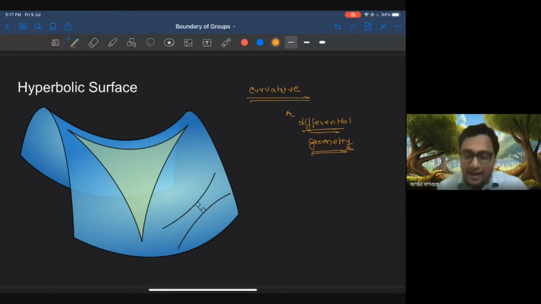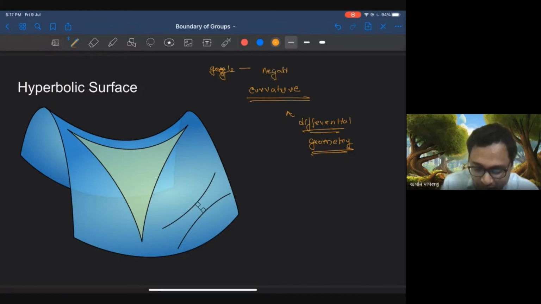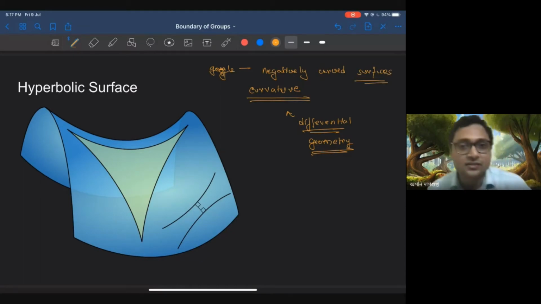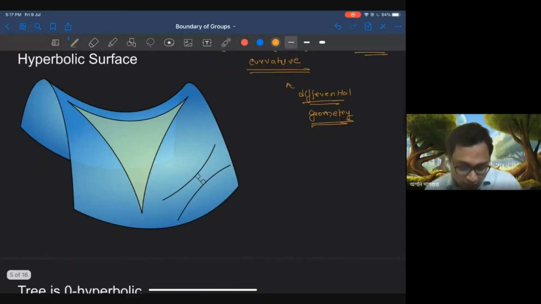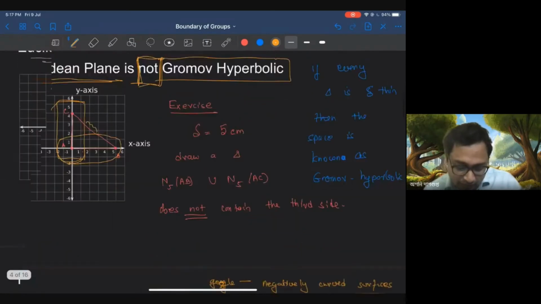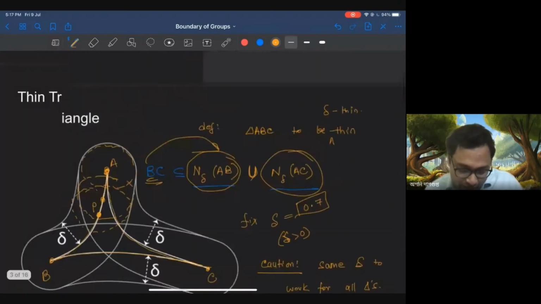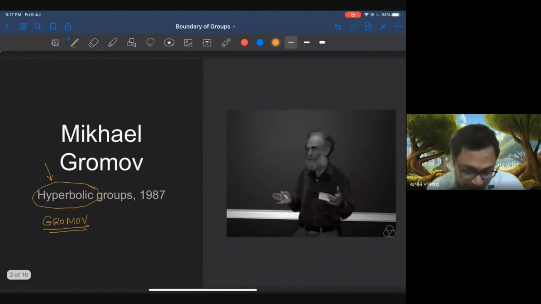So you can Google or read some book maybe on negatively curved surfaces. A good idea to explore that. So let me back up a little bit. We were talking about hyperbolic groups.